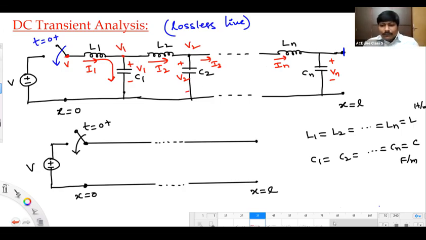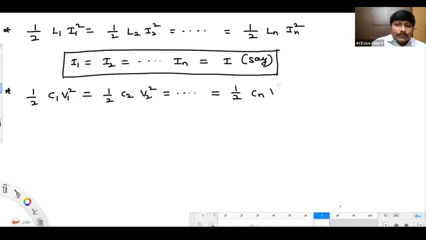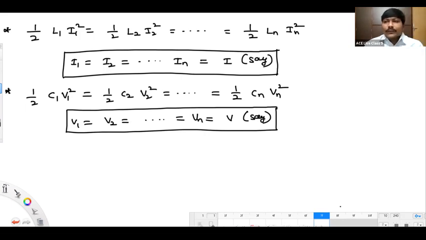So from this, you can say V1 equals V2 and so on up to Vn, which is nothing but V. I think all of you are getting this?